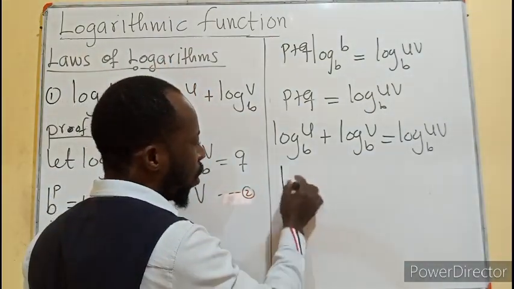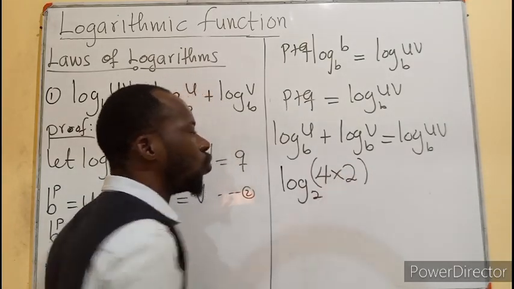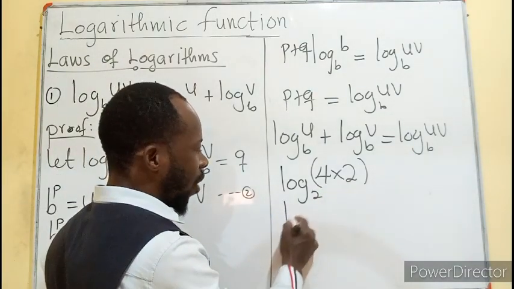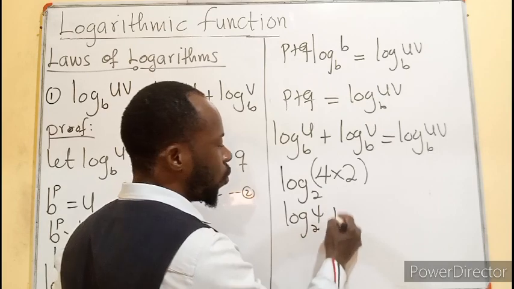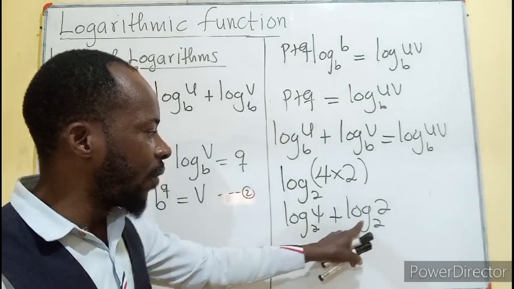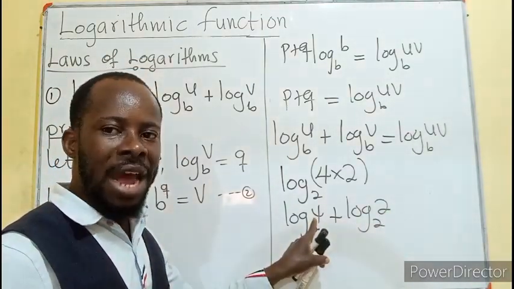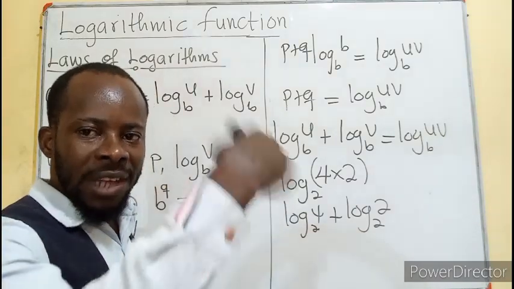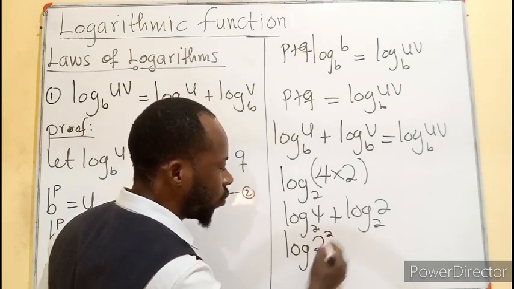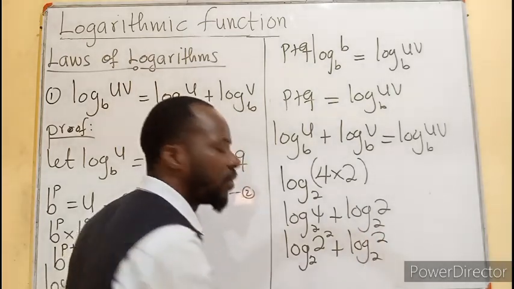The example I had before was the log of 4 times 2 to the base 2. If you're asked to simplify this, it is the log of 4 base 2 plus the log of 2 base 2, and 2 base 2 is 1. We can also write 4 as 2 exponent 2, so this is the logarithm of 2 exponent 2 base 2 plus the log of 2 base 2.